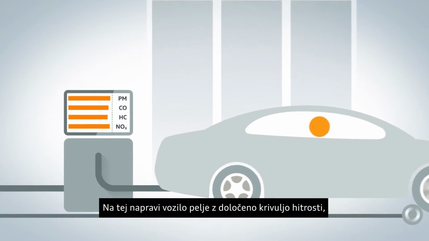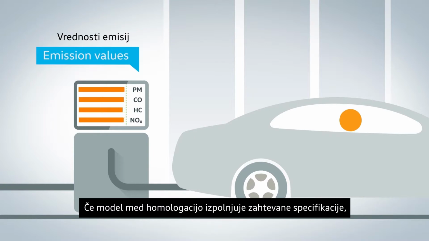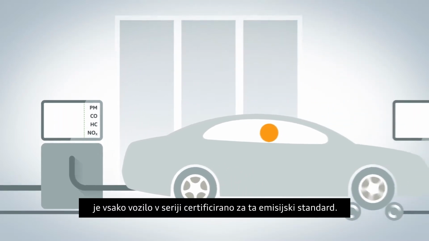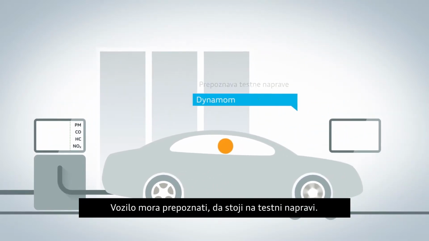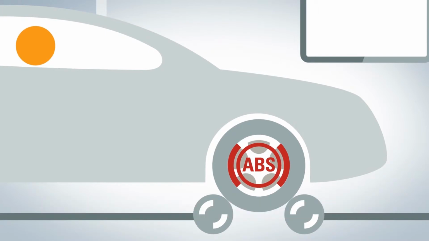Here, the vehicle runs with a defined speed curve while the exhaust gas values are being measured. If the model fulfills the required specifications during its type approval, then every vehicle in the series is certified for this emission standard. A vehicle needs to recognize that it stands on the dynamometer, otherwise its ABS would block the drive wheels, for example.